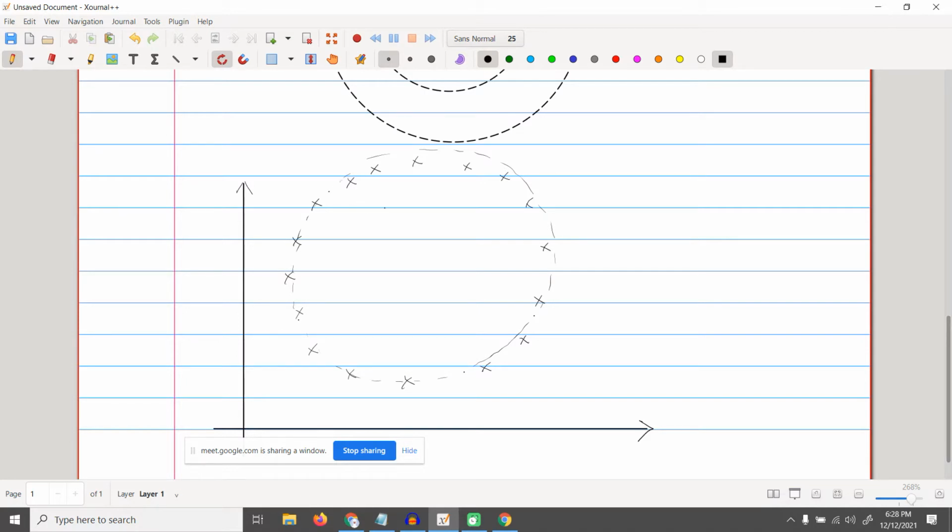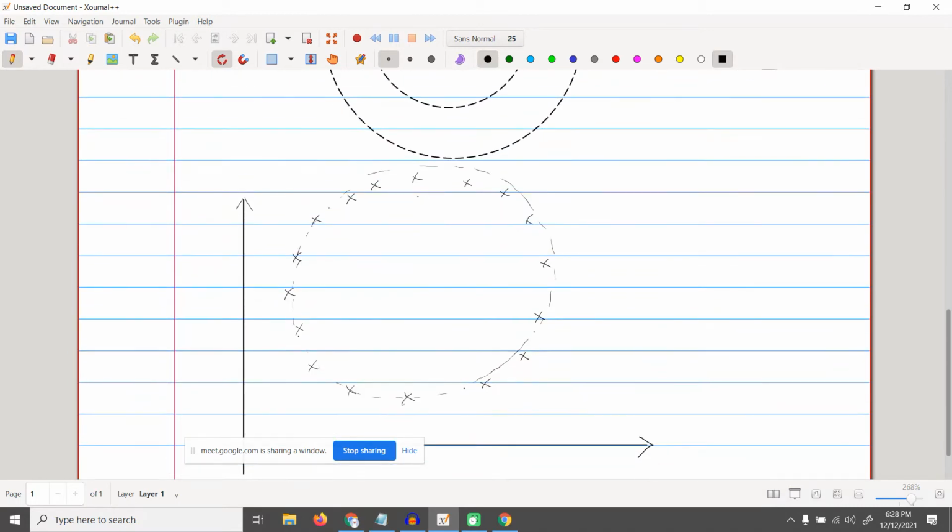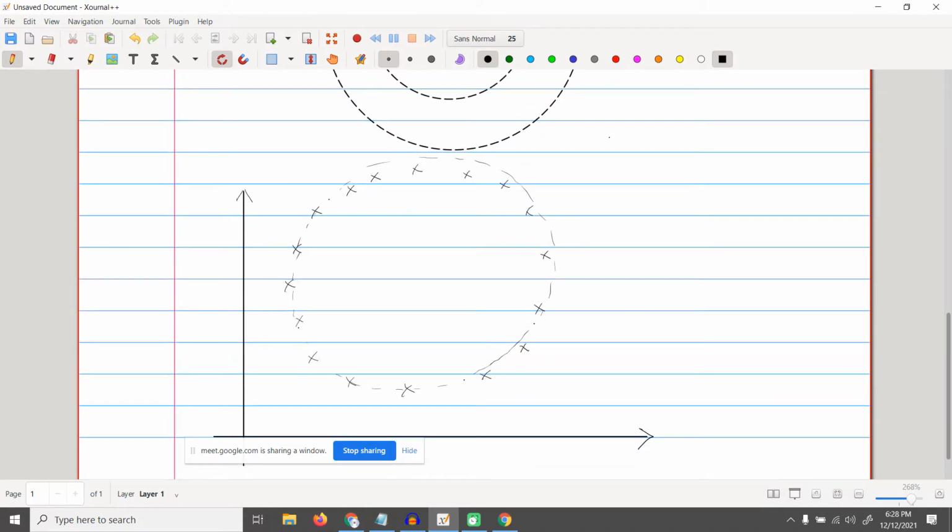Okay. How would you go from looking at the sky to getting an ellipse? So, observation of Jupiter to ellipses.